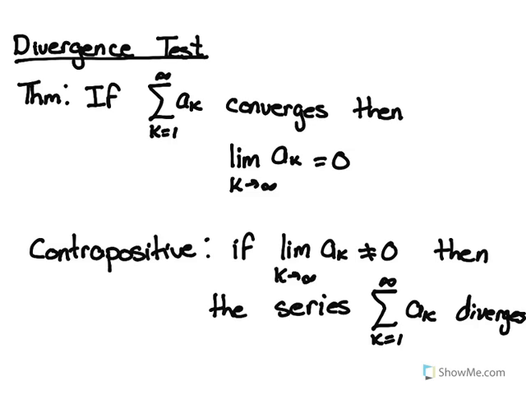So before I do some examples of how to use the divergence test, let's first prove the theorem. We can prove the first statement because, again, the contrapositive is logically equivalent to the original theorem. So proof.